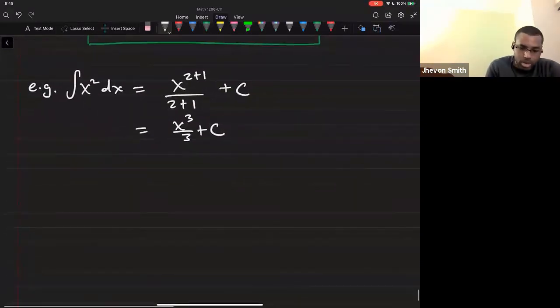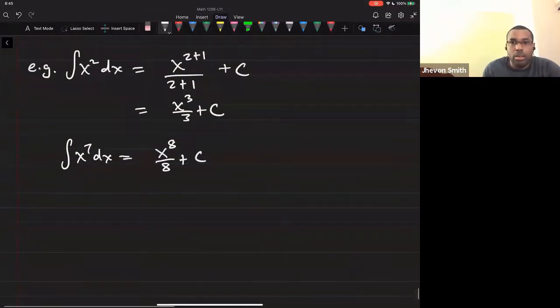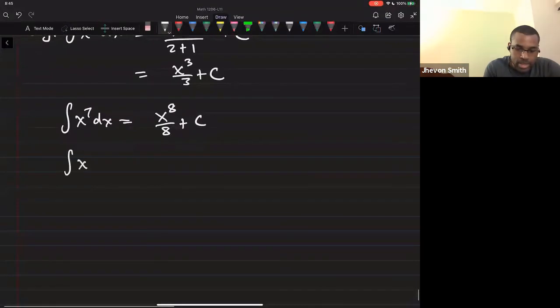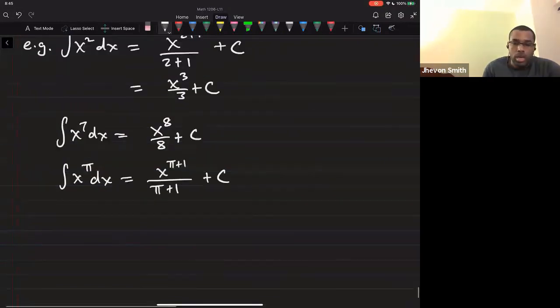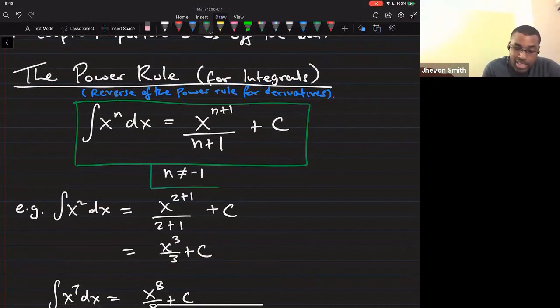But you can now do this in general. The antiderivative of x to the 7th is x to the 8 over 8 plus c. The antiderivative of x to the pi is x to the pi plus 1 over pi plus 1 plus c. Now, obviously there will be an issue if n is minus 1. Your n cannot be minus 1, because then you'd end up dividing by 0.